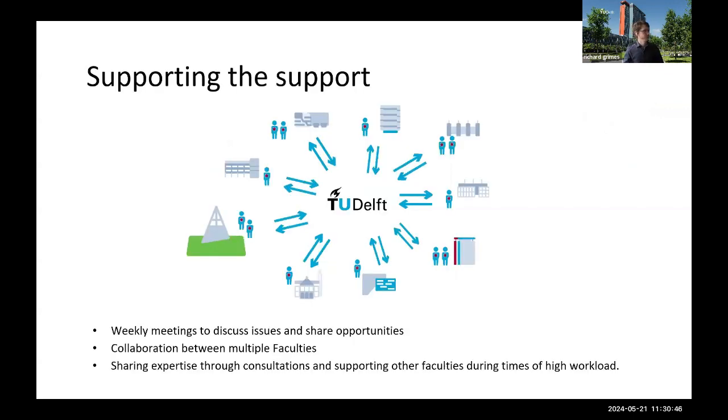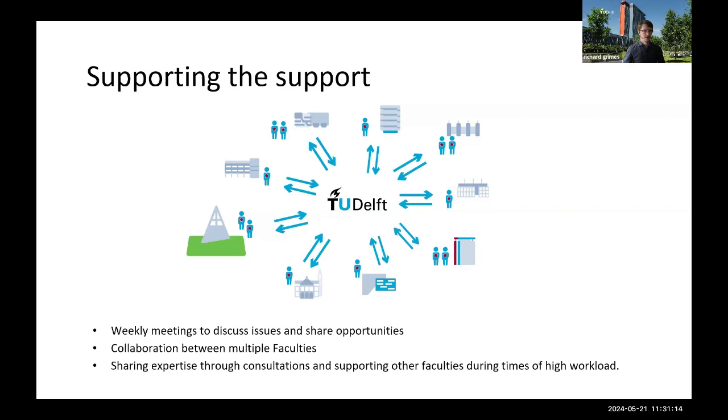And pretty much the last slide here, but it's important to mention that supporting the support is something that needs to happen. We are a large-ish data stewardship community, so we have a lot of people that we can lean on for support in these cases. As Deepshikha mentioned, we have weekly meetings to discuss opportunities and issues with each other.